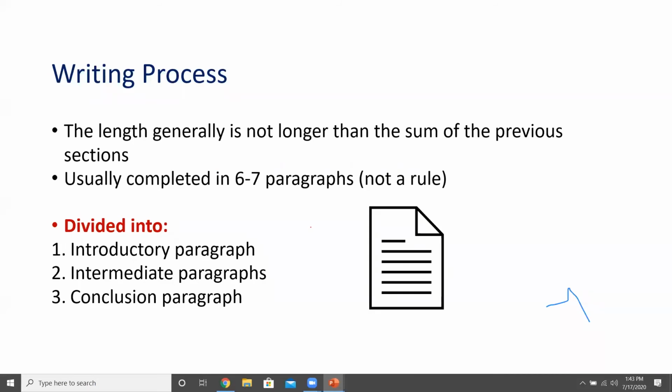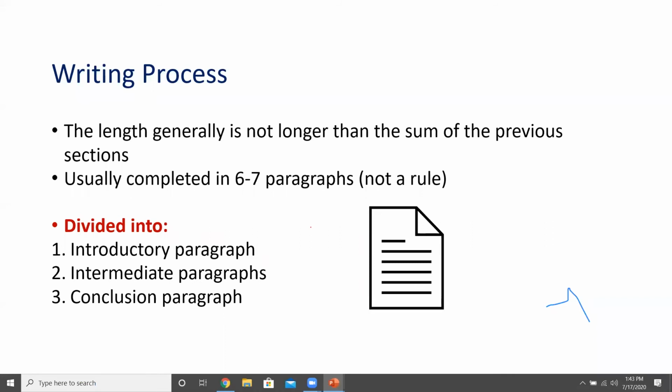Those entities will actually give you the guidelines and tell you, we need these links, we need this number of words or paragraphs. Accordingly, you'll modify and write your paper, but generally the length of the discussion is not longer than the sum of the previous sections, like the background, methods, and results combined.